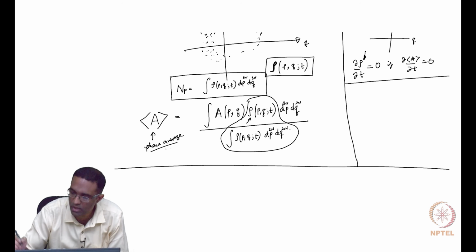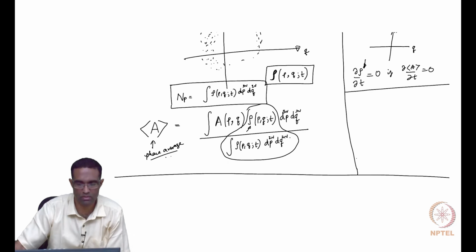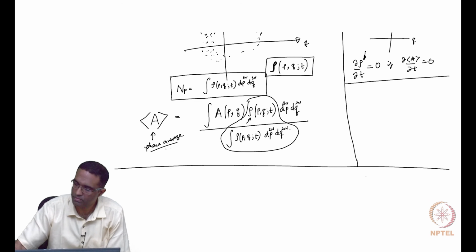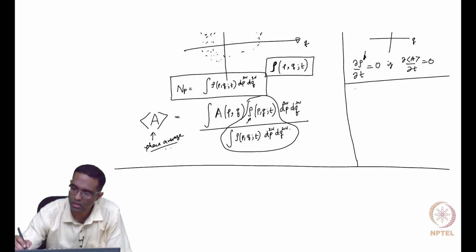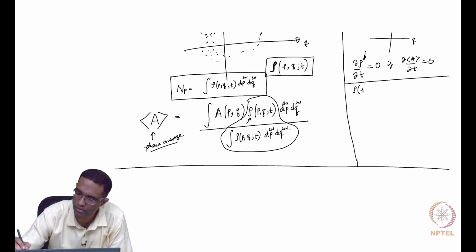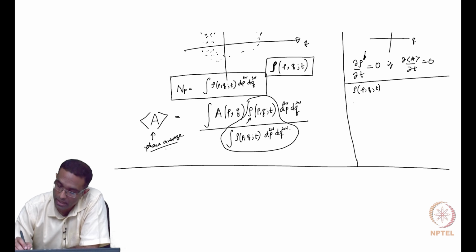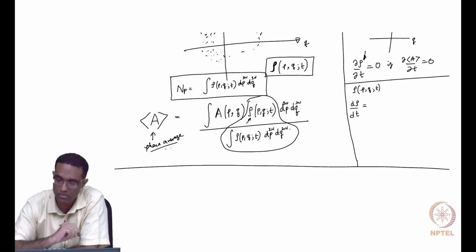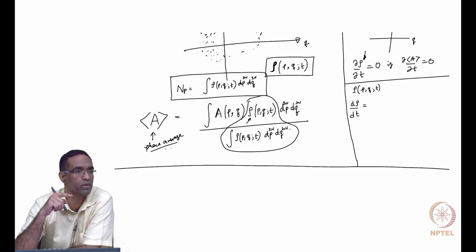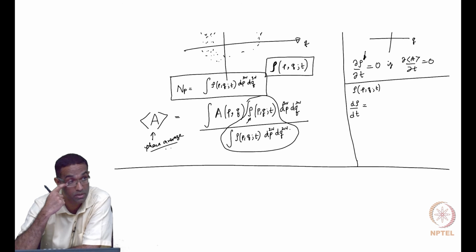A few properties of the phase space. So rho is a function of P, Q, T in general, and what is the material derivative of rho with t? Students who have studied advanced mechanics of solids, transport phenomena, so what is it?